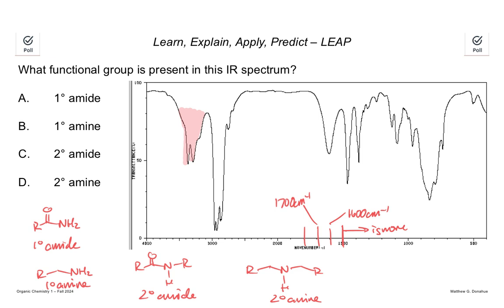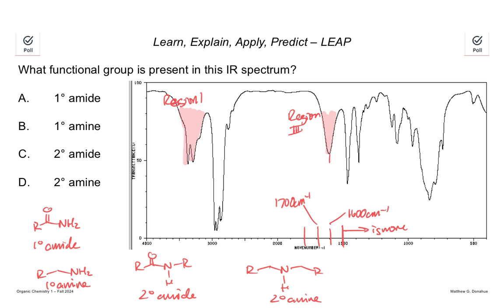And then in region 1, region 3, I'm going to do the best I can here. See between 1700 and 1600.